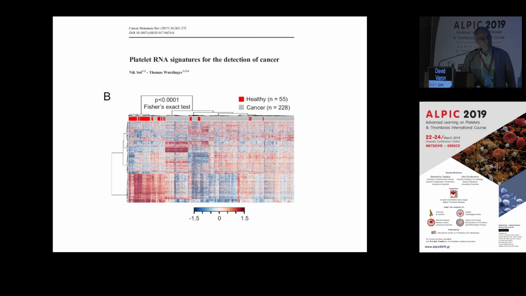So you can differentiate, this is a wide range of RNA evaluation, and you can see a strict differentiation between healthy volunteers and patients with different types of cancer. In other words, platelets contain RNA which in cancer patients, there are some types of RNA that do not exist in healthy volunteers.